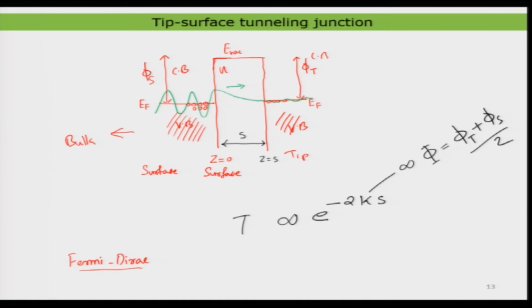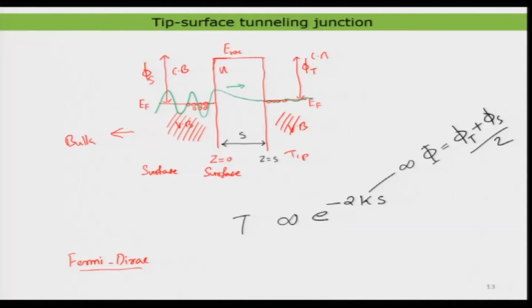So, the tunneling probability, or the transmission, is what defines how much electron would tunnel from one electrode to the other, and from this electrode to this one, and it is defined by the distance. That is the reason why we need the tip to be in very close proximity of the surface. Otherwise, you would not be able to get the tunneling done.